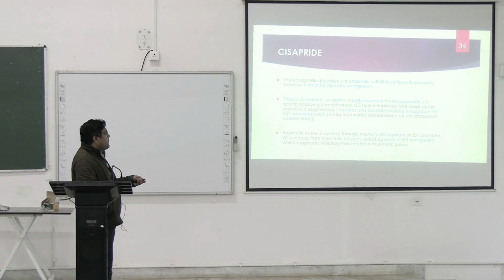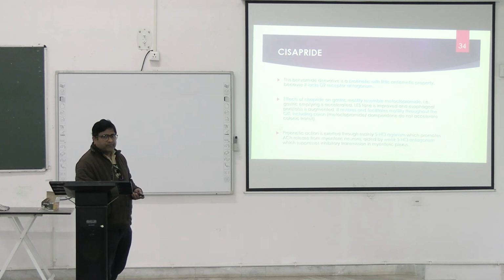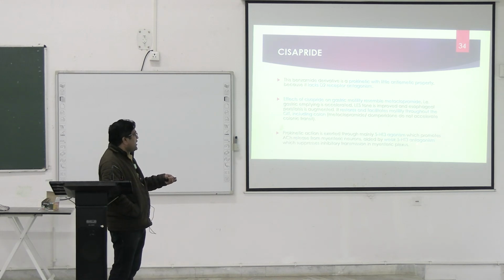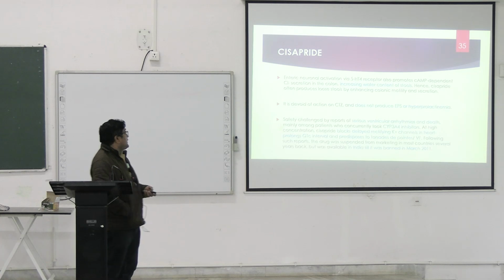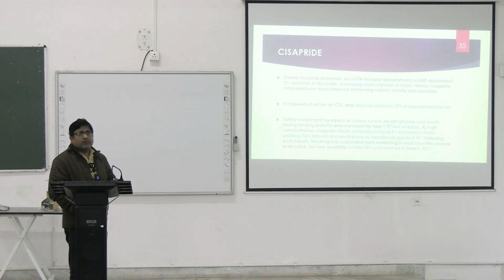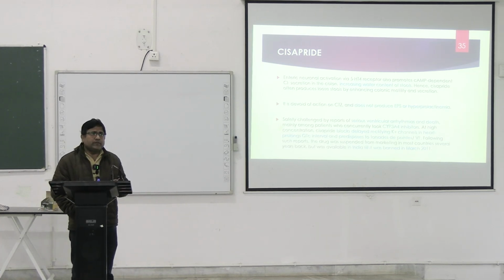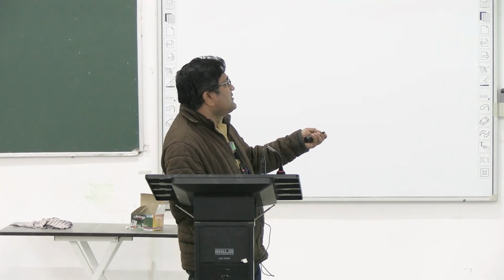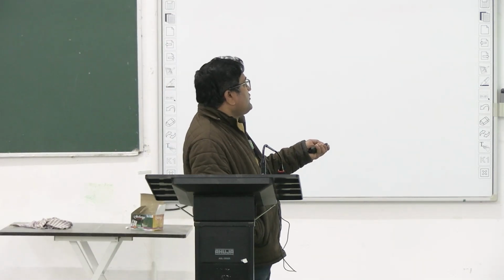Okay, its action is exerted through mainly 5-HT4 agonism which promotes acetylcholine release from motor mesenteric neurons, aided by weak 5-HT3 antagonism। Now because of its action on the colon in the serotonin receptor, it also increases the cAMP dependent chloride secretion in the colon that is responsible for the loose watery stool, one of the side effects with cisapride। It is devoid of action on chemoreceptor trigger zone.